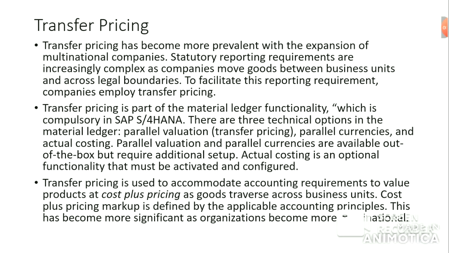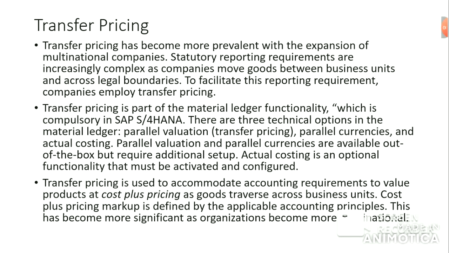There are three technical options in material ledger: parallel valuation transfer pricing, parallel currencies, and actual costing. Parallel valuation and parallel currencies are available out of the box but require additional setup. Actual costing is an optional functionality that must be activated and configured.